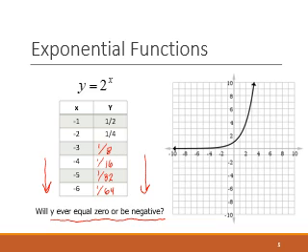A fraction will only equal 0 if you have a 0 in the numerator. So 0 over some number, like 0 over 100, is equal to 0. Your numerator is never going to turn into a 0. Negative exponents always mean 1 over some number.